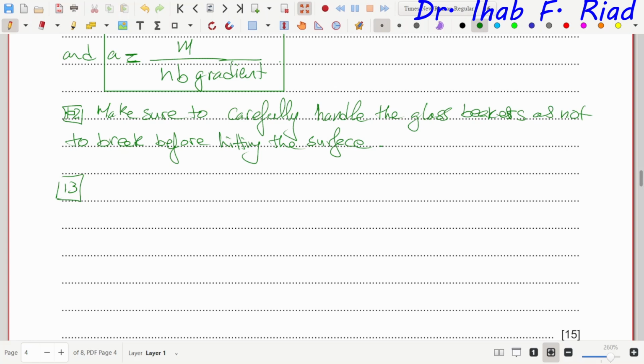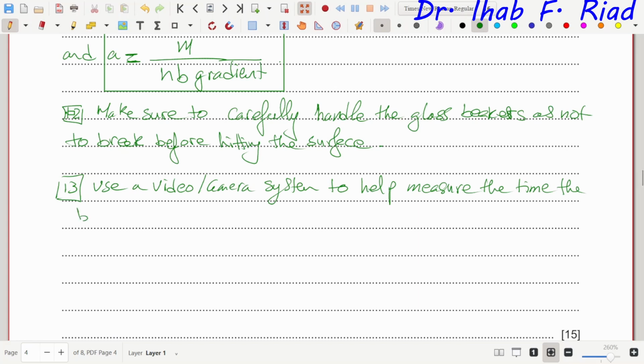So maybe we can say that we use a video camera system to help measure the time the beaker takes before hitting the surface.